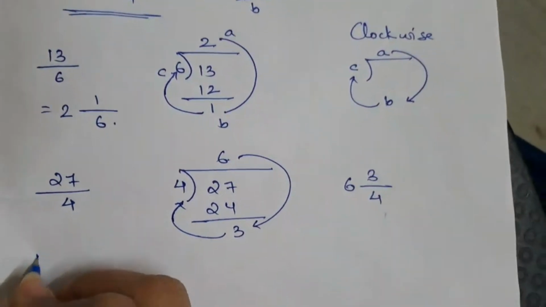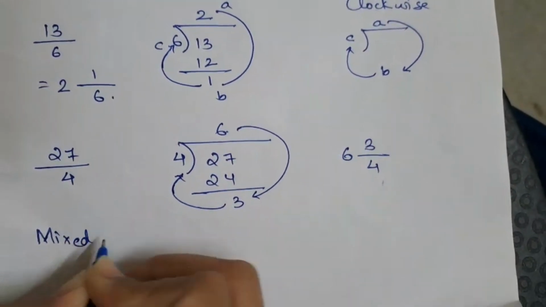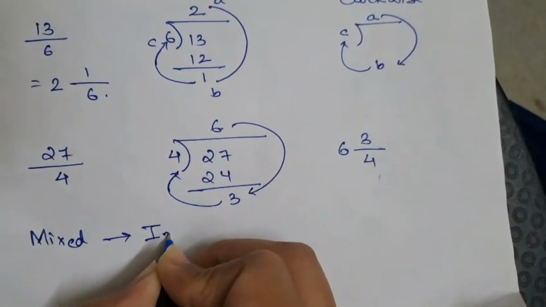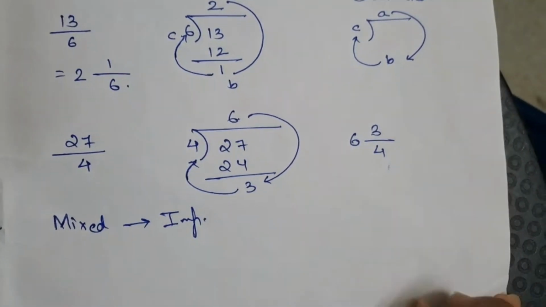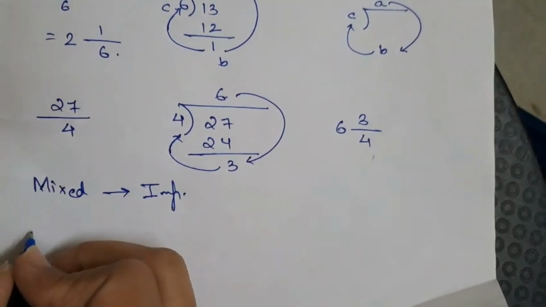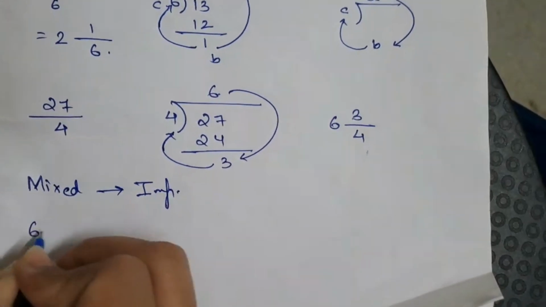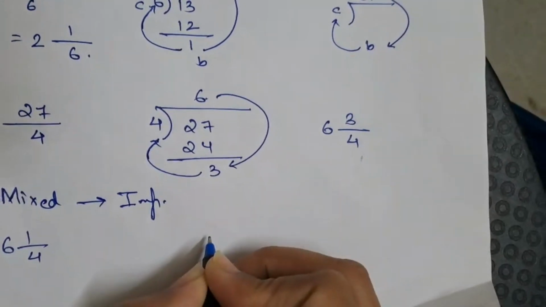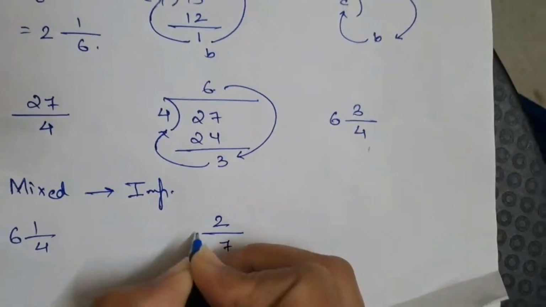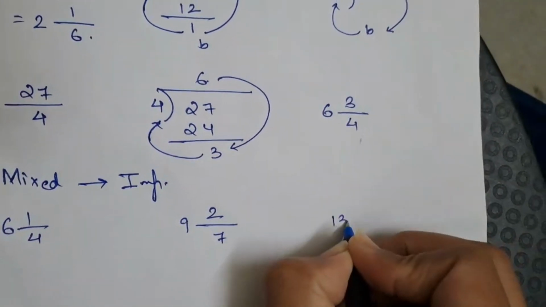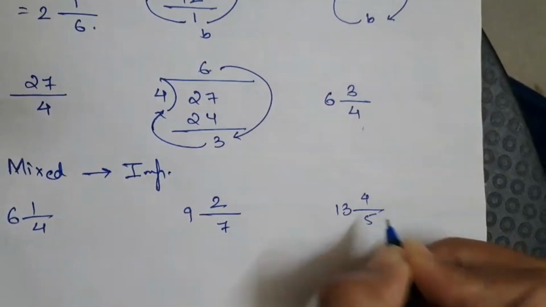Now we are going to learn about the mixed fraction, and I am going to convert it into the improper fraction. Okay, so how do I do it? Let's take a few mixed fractions, which is 6 1 upon 4 and 2 7 upon 9, and I have 13 4 upon 5. These are the ones.